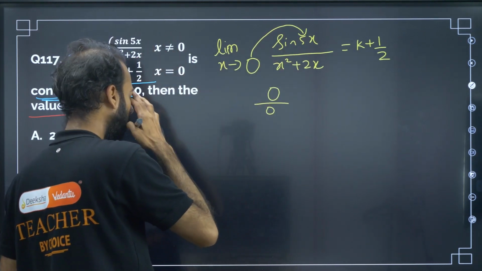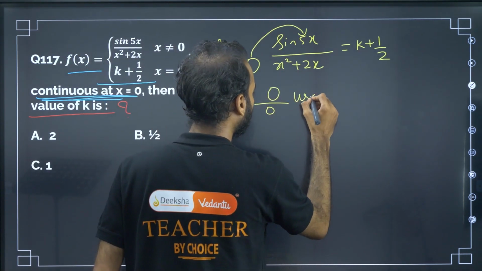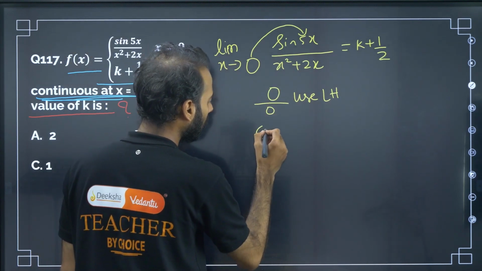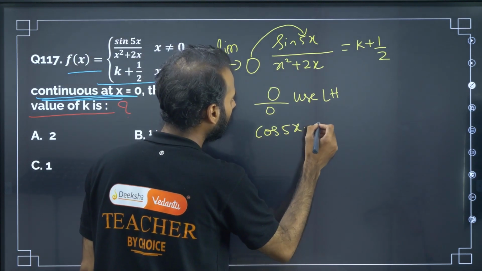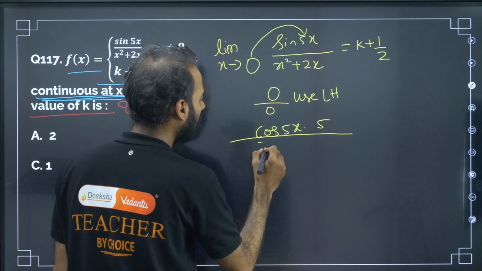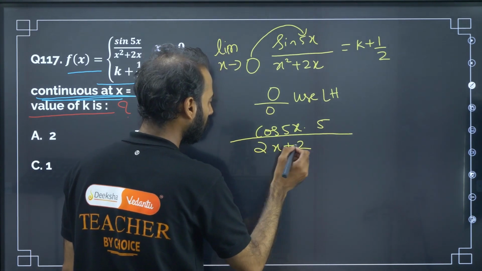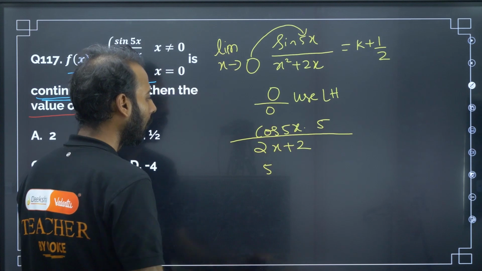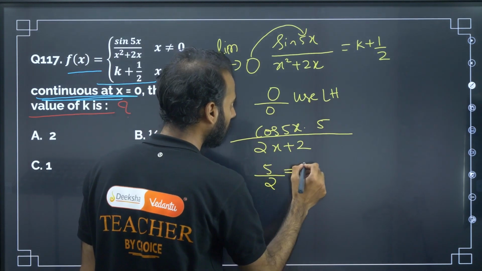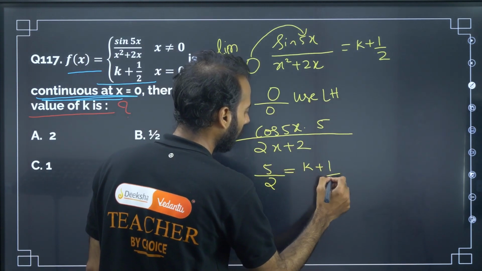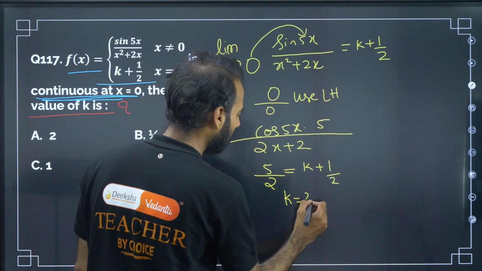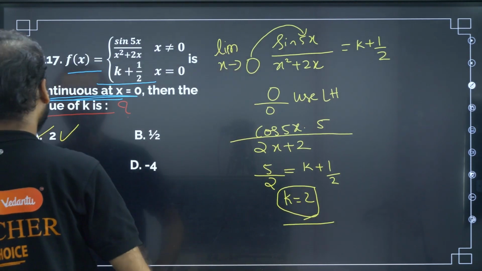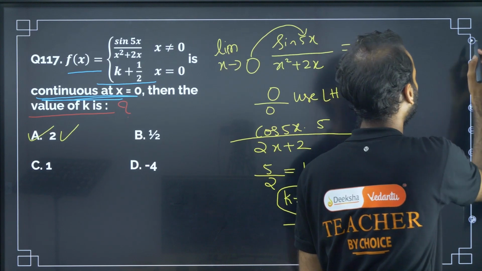So whenever 0 by 0, use LH. Using LH, differentiation of sine is cos 5x, times 5, divided by 2x plus 2. Now you apply limit 0, so 5 cos 0 is 1, by 2. 5 by 2 is k plus 1 by 2. K is equal to 2. Is there any option 2? Yes, A is the answer. Moving on to next question.